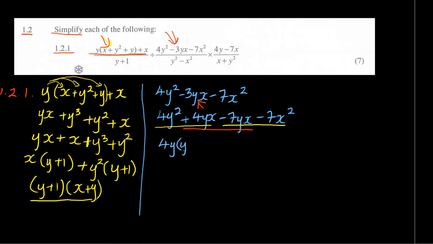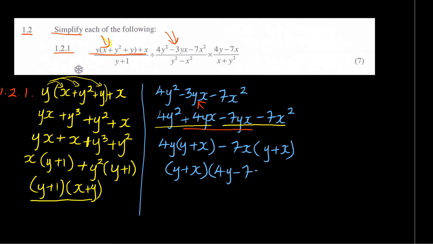I have got y plus x, and then I take my negative 7x as the common factor. I have got my y plus x. So I have got my y plus x in brackets, and outside the brackets, I have got my 4y minus 7x. So that is the second part that I've just done.